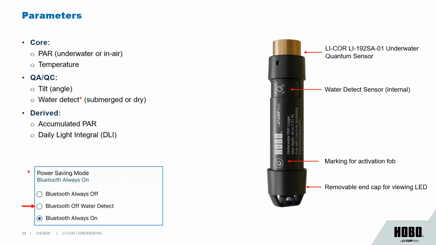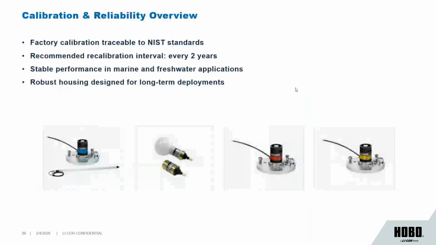So on calibration, just to add to it, especially when you're working in research, having a calibrated device is fundamental to defensible PAR data. And this is where LICOR's legacy really matters. LICOR has been setting the standard for light measurement since the 1970s, so it's a long time. It's 50 years of experience.